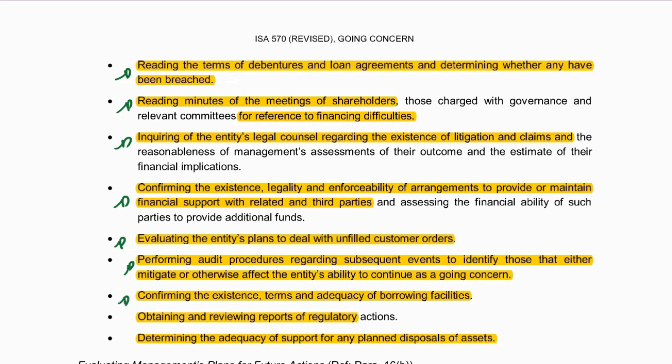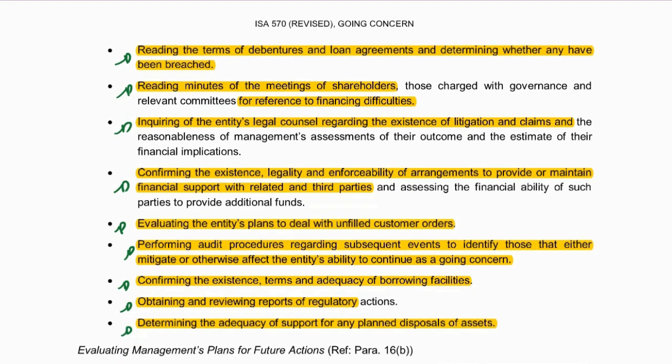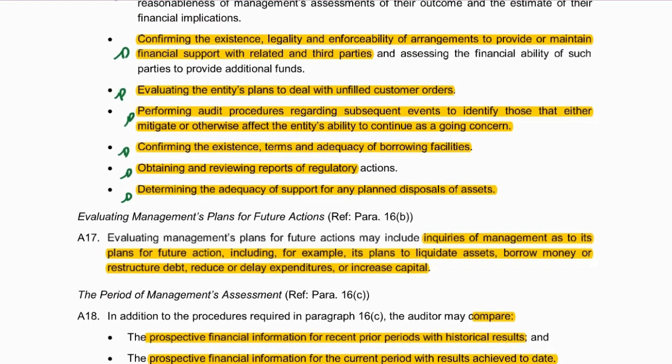Confirming the existence of their borrowings. Reviewing any reports from regulators. Is there any action taking place? What is their support for planned disposals? And then their future actions. If they had any plan, then going and auditing that, looking at their plans and testing the detail of that.